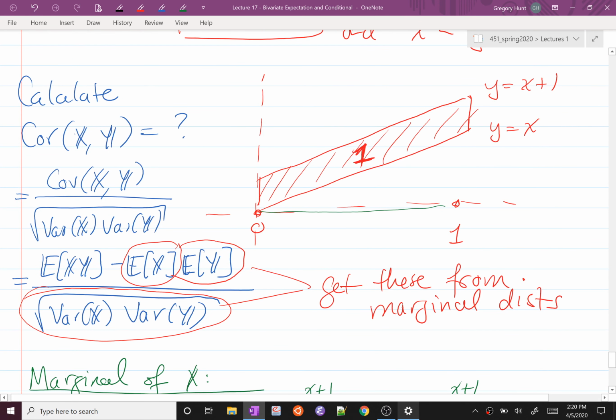If we're kind of in this region here, right? So if y, my picture is fairly poorly drawn. It doesn't look like what it should look like.